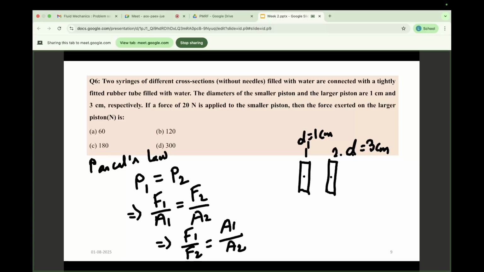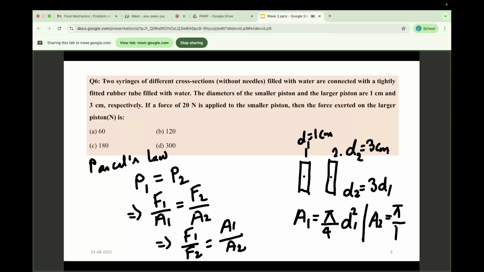So D2 is 3 times D1. The area is the cross-section area. We know A1 equals pi by 4 D1 square. Similarly, A2 equals pi by 4 D2 square, because it's a syringe, so its cross section should be circular.